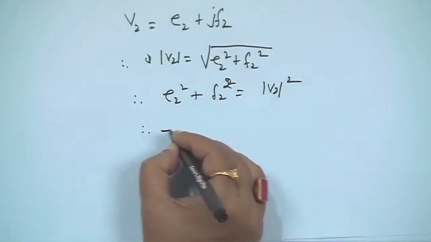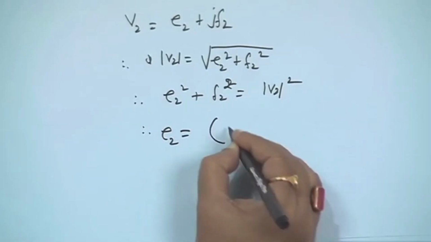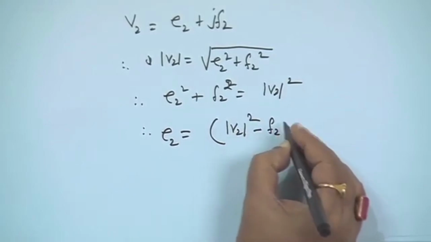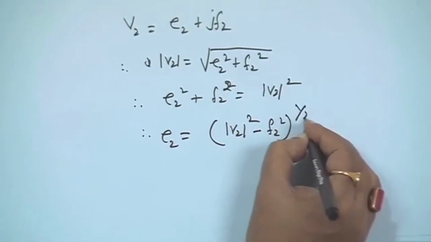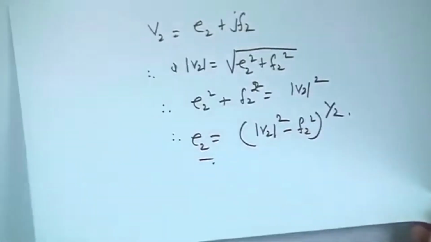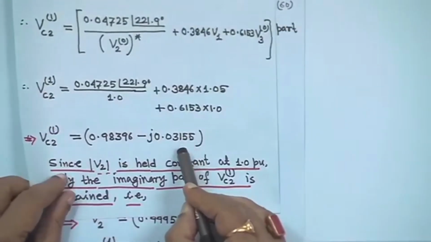That means E2 is equal to magnitude V2 square minus F2 square, to the power half, whatever value comes. The same thing we are doing here: F2 here we got minus 0.03155. So, this is my F2, right.